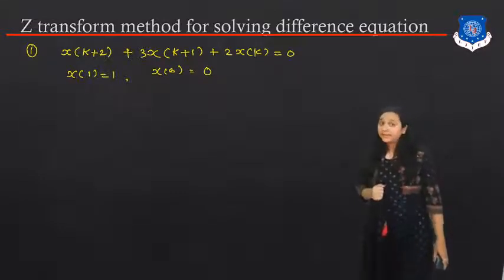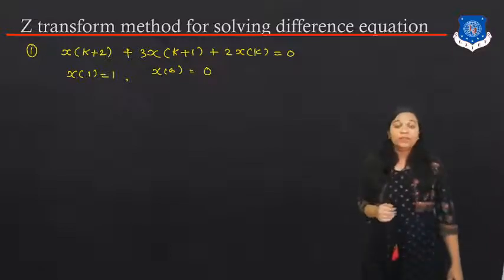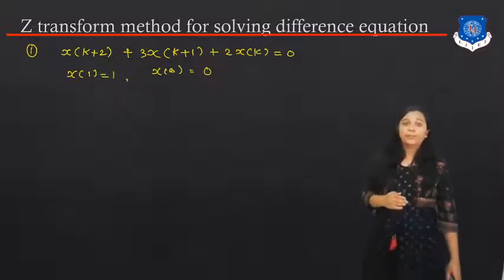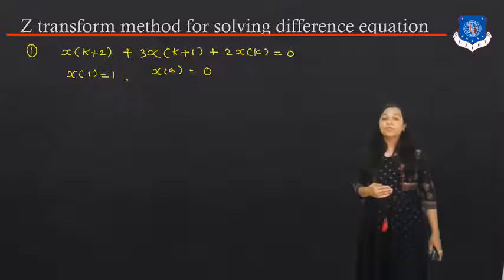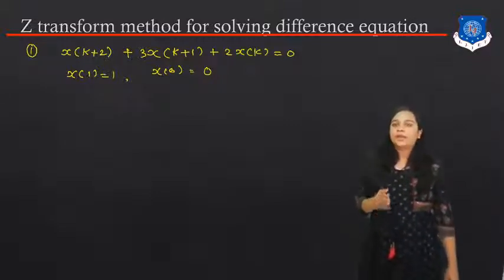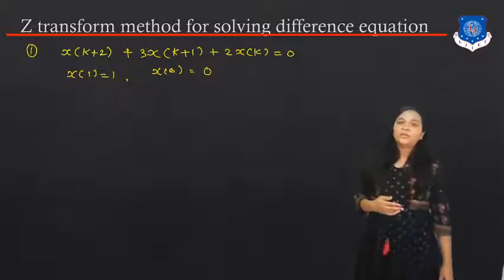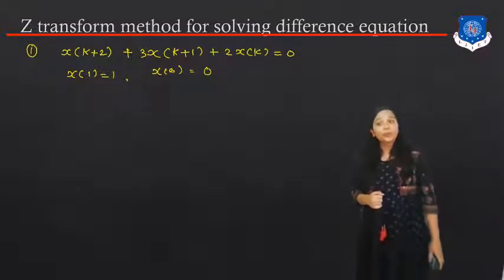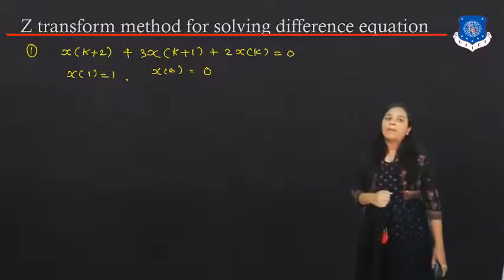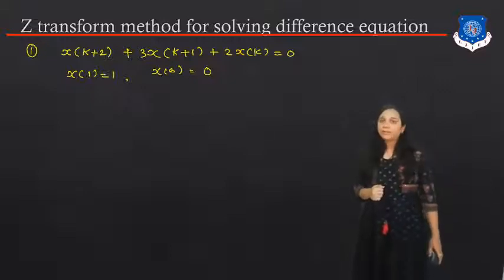In the last session we studied how to find the Z transform, and then we have to study the inverse Z transform. As you know, we deal with the inverse Z transform using two methods, the direct division method and the partial fraction method.